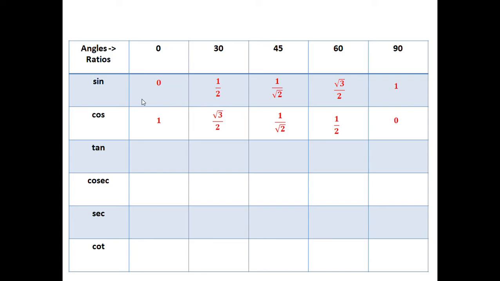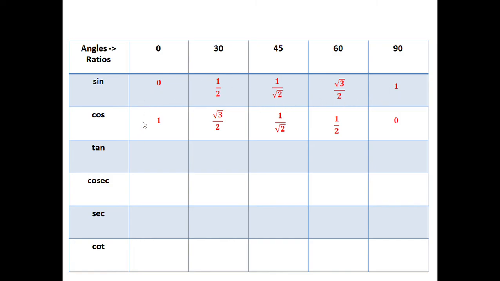So you could see that whatever the values are there for sine from left to right, cos theta is just the same values but arranged from right to left. So that is why I said you only have to memorize sine, because the rest of the ratios are interrelated. You can easily form the table if you remember these 5 ratios.